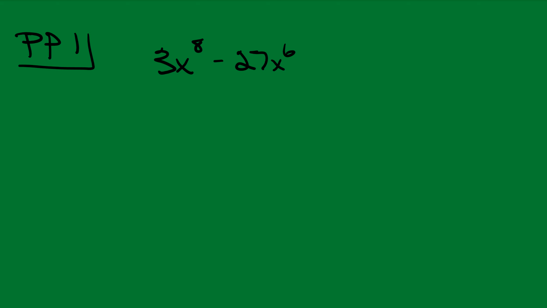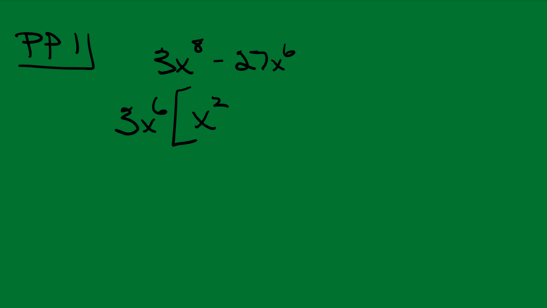What I want to do is just take out the 3 if I can. So if I've got a 3 and a 27, I can factor out a 3. And then I want to do the variables. I've got an x to the 8th and x to the 6th. The one I can take out is the smaller exponent, so it would be x to the 6th. Putting back what's left over, I'm going to have x squared.